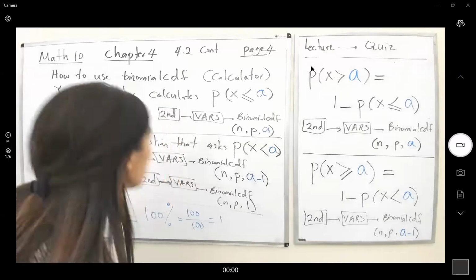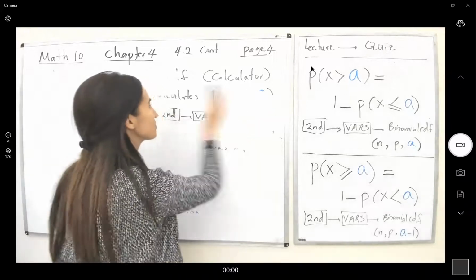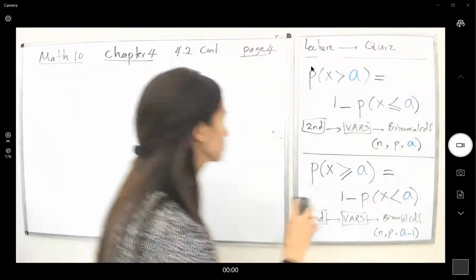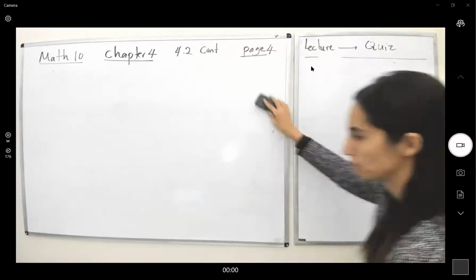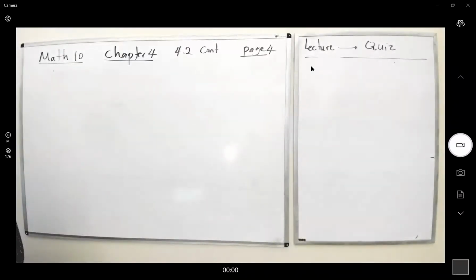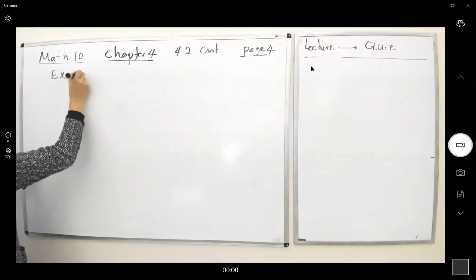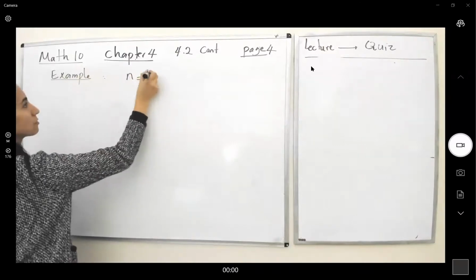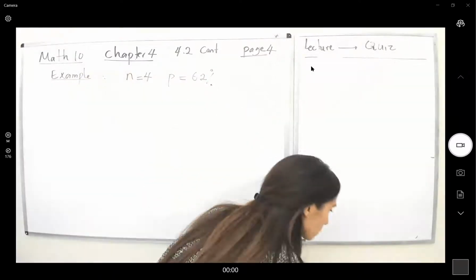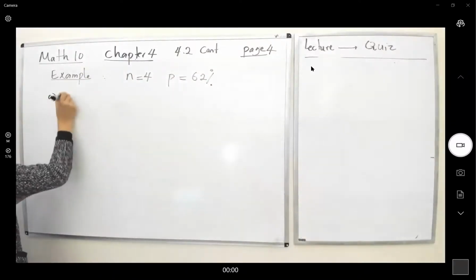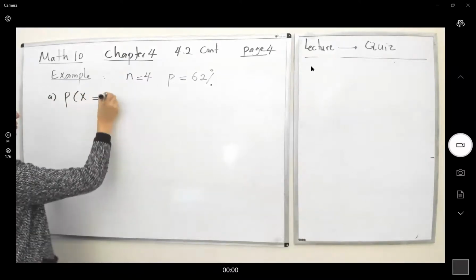So let me erase this one. And we're going to get back to the previous example. In the previous example, we had the following. N was 4, P was 62%, and we wanted to find: A, the probability that x is exactly 2.